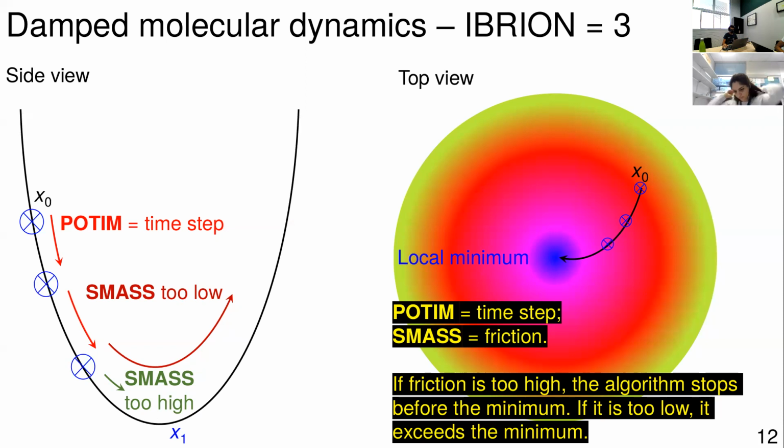And so how could we set it, because it should not be too big a value or too small a value? Whenever you don't know how to set something, you make tests. You can have a benchmark system that you calculate with Ebrion 2, and then you calculate with Ebrion 3 as well, so that you see that you go to the same minimum.